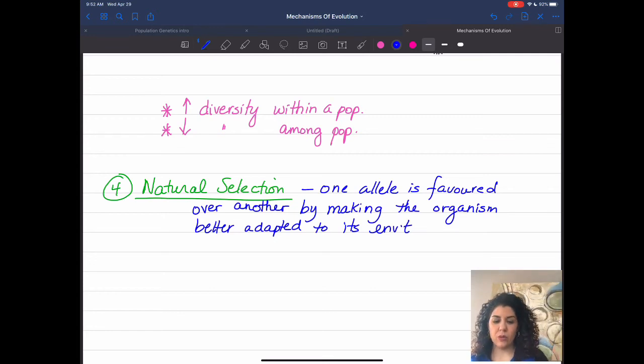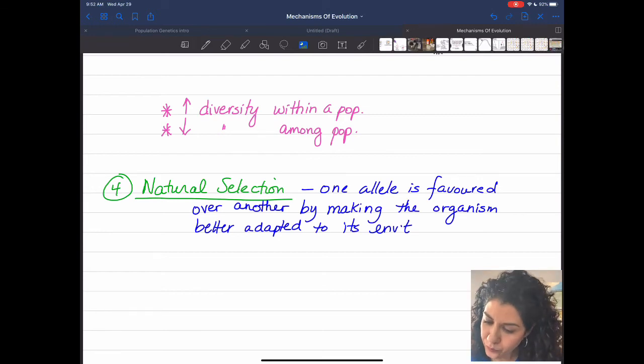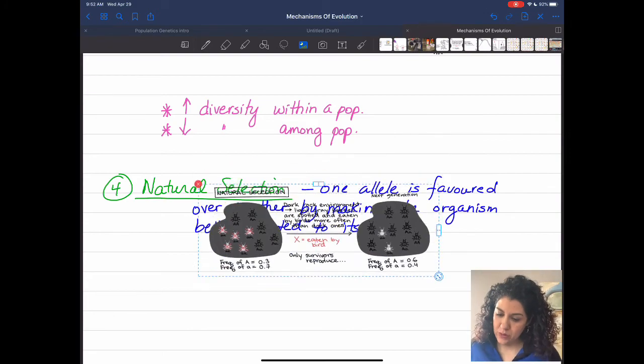Okay, so by making the organism better adapted to its environment. And here again, we're going to look at a picture, and it's going to be this one.